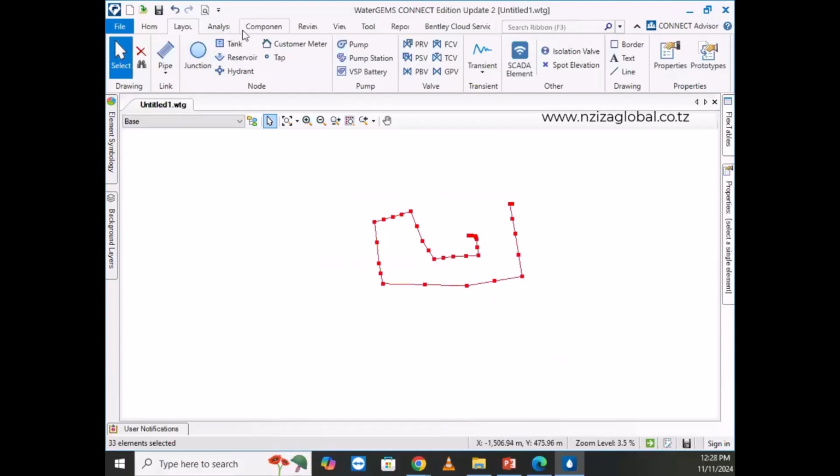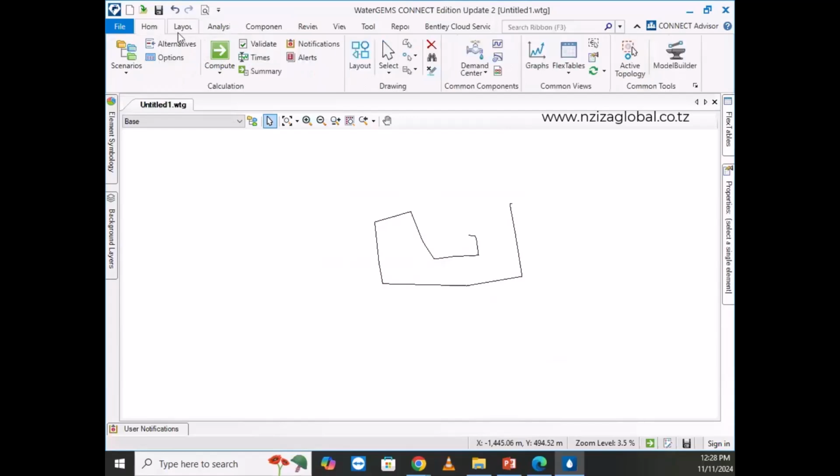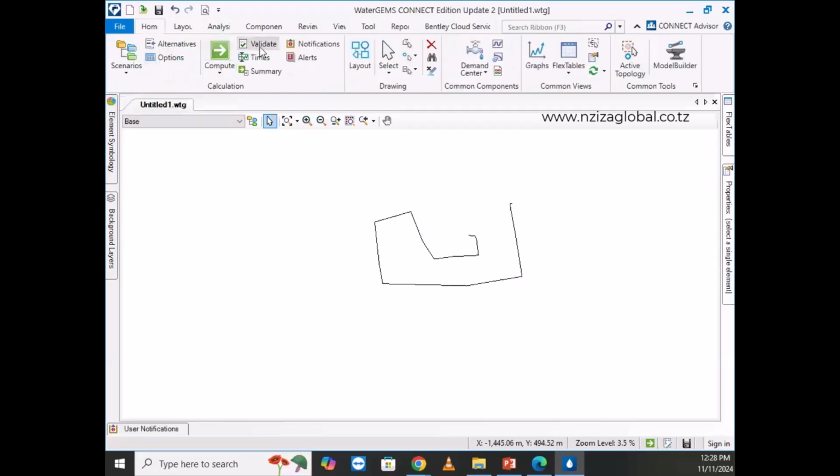Okay? So you will find also analysis. And in analysis, there is a tool that you have to know. The first one is compute. This is a tool. When you are doing your network, after doing it, you first have to do validation.